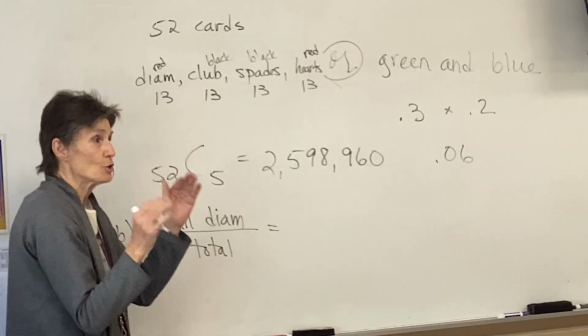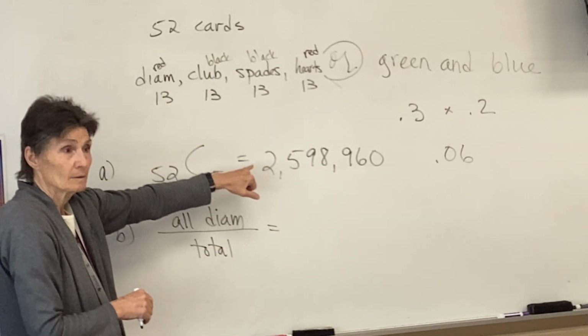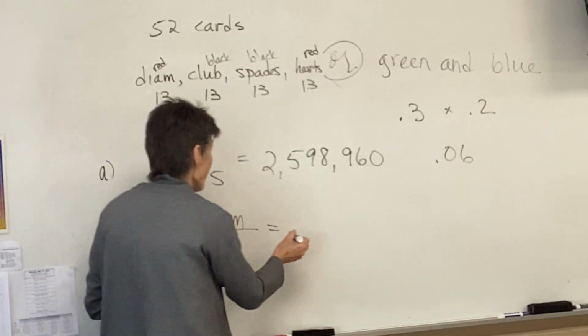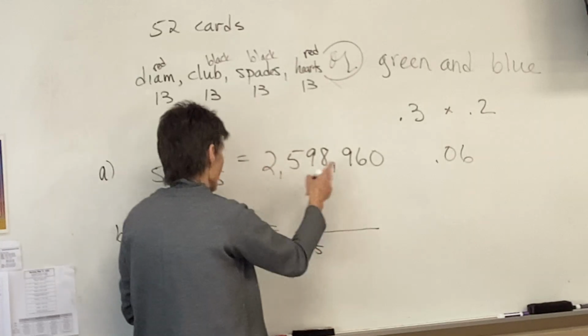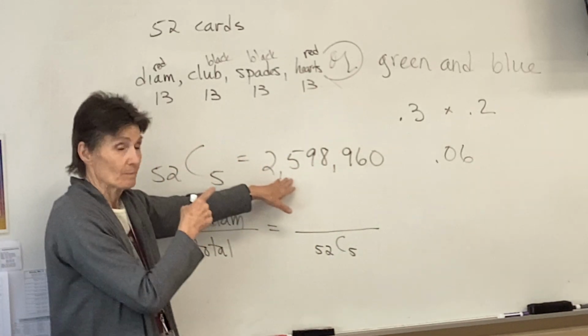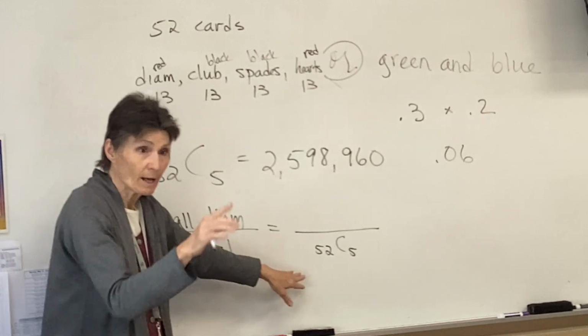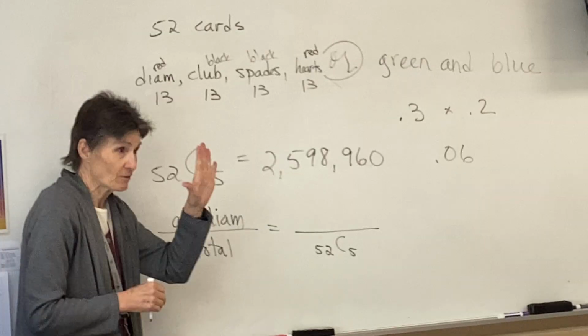Now guys, you already know the total. Isn't that the total? So your denominator is going to be that number, which I don't want to write, so I'm going to write 52C5, but that is the number. That's your denominator. That is the total number of 5-card hands.